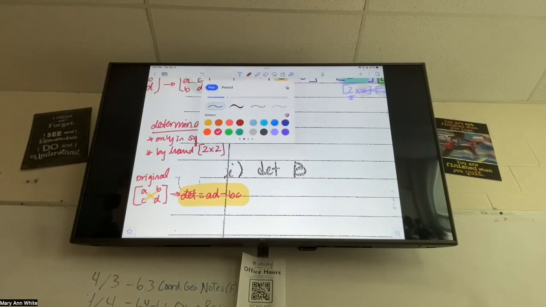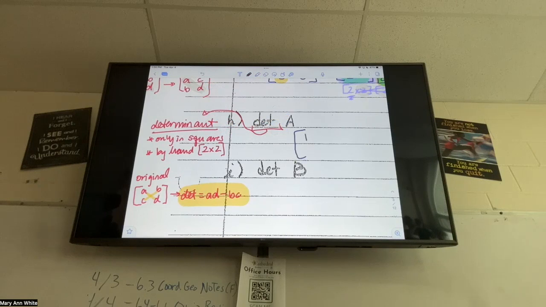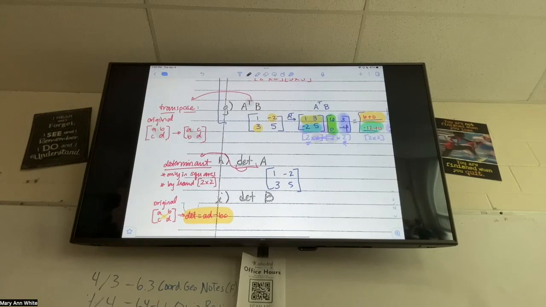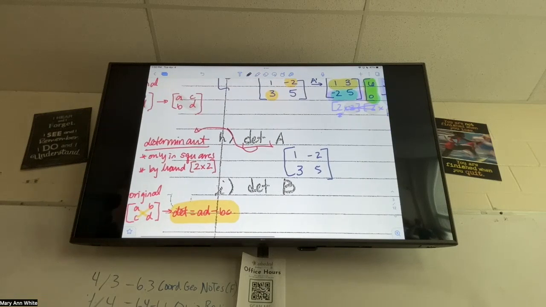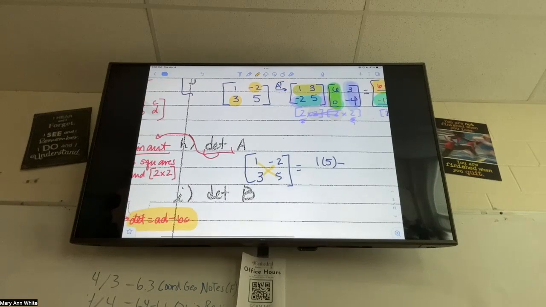All right, A is 1, -2, 3, 5. I believe I remembered that, right? Yep, okay. So my determinant is that we're going to do 1 times 5 minus -2 times 3.